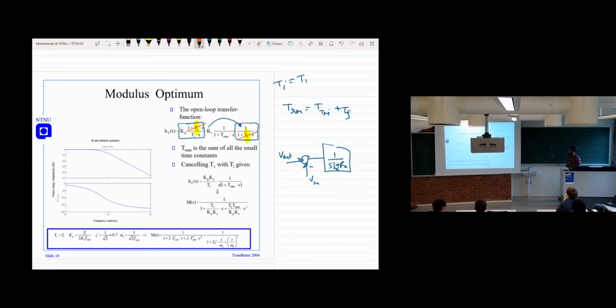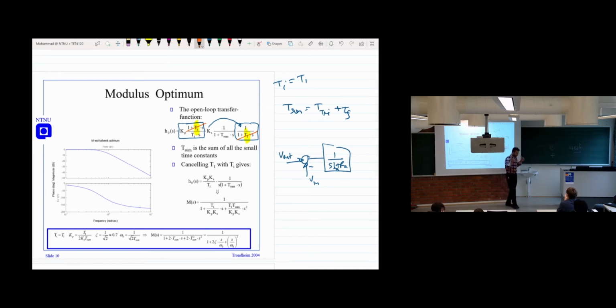After canceling, the open loop transfer function is Kp times Ks divided by Ti, multiplied by S times 1 plus T-sum S.